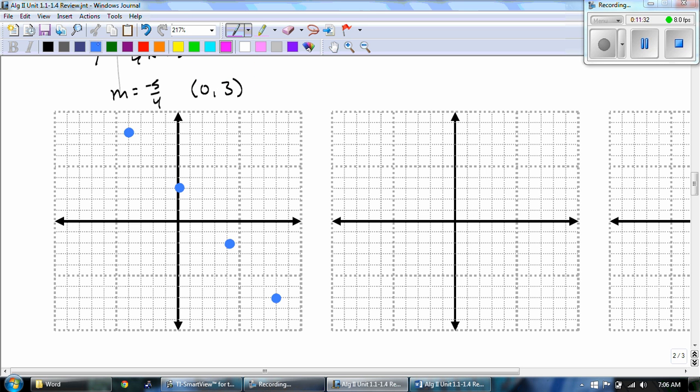Okay, and now that I have that, I can go ahead and graph. Line up all of my points. And then graph my line. I have a negative slope, and my graph from left to right is falling, just like we said. Okay, and just remember that we went down 5 and to the right 4.